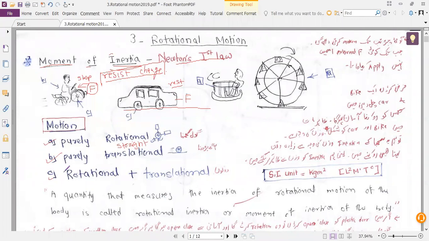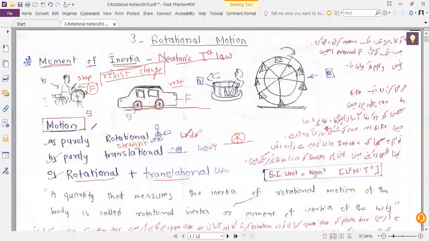And the third is rotational plus translational, which means an object performs rotational motion as well as covering a distance in a straight line. The example is a car tire. The car tire performs rotational motion as well as covers a distance.